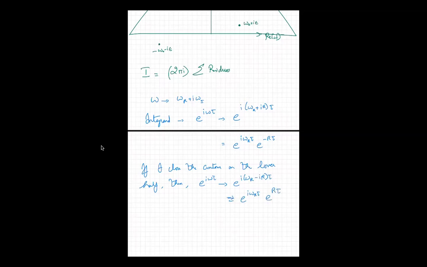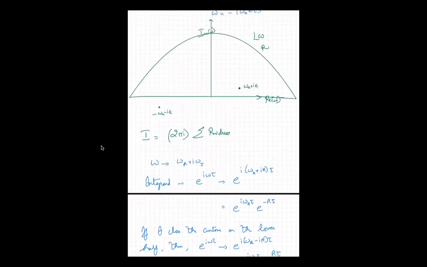So I'm getting an infinite amount of contribution from the imaginary part of the complex plane, and I don't want any contribution from the imaginary part of the complex plane, because the imaginary part in omega is something I introduced by hand to make my life easier. So I don't want an infinite amount of contribution from the imaginary part of the plane, because ultimately omega is a real quantity. So I'll have to only calculate the contribution from the real part. So from physical grounds, I'll have to close the contour on the top for this particular problem.